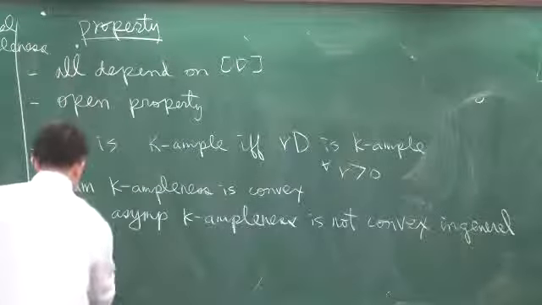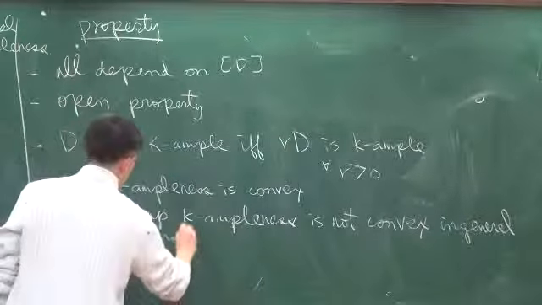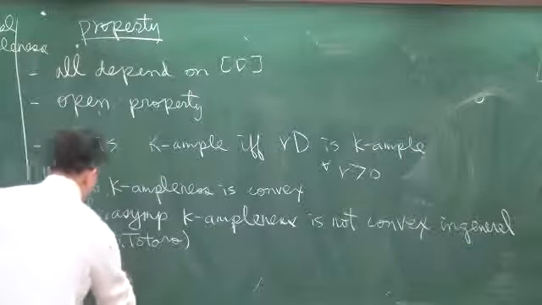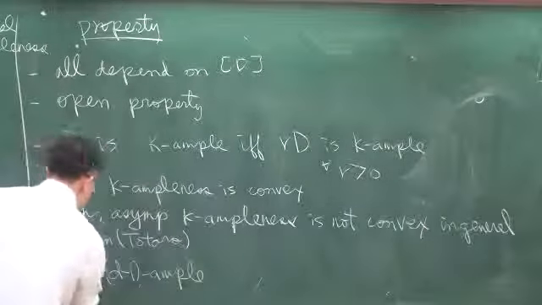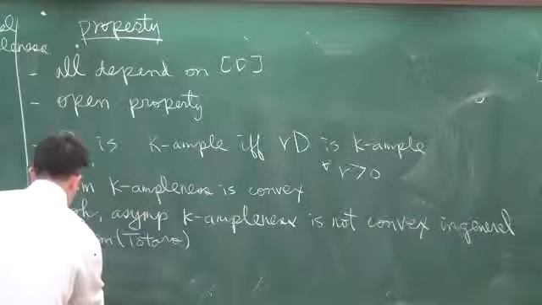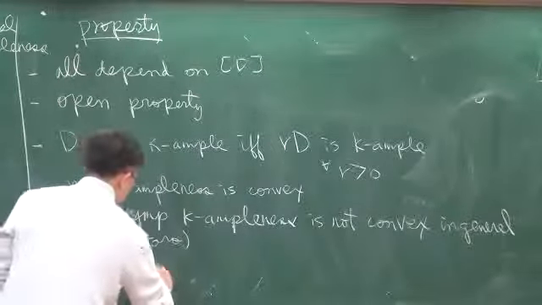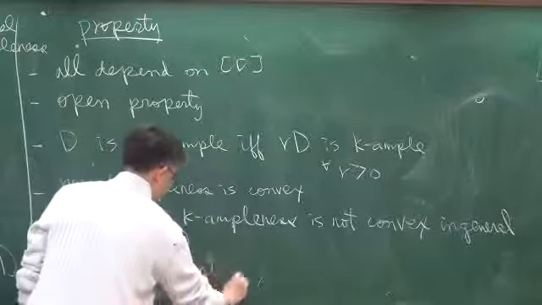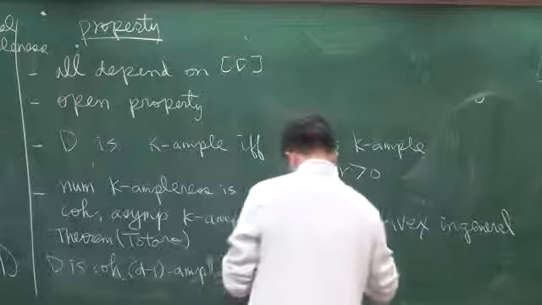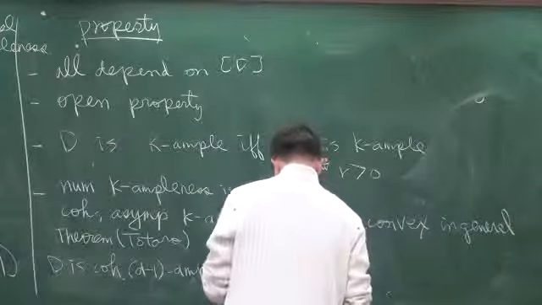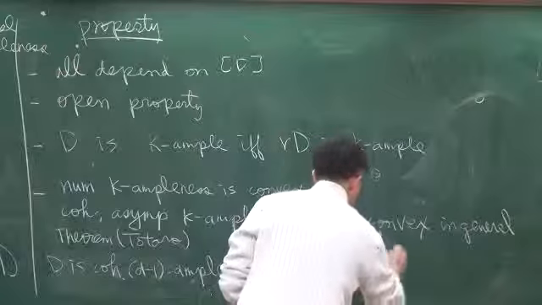Because there is a theorem by Totaro which says that D is D minus 1 ample. Here he only studies the cohomological K. So D is cohomologically D minus 1 ample if and only if D is in the minus effective complement.